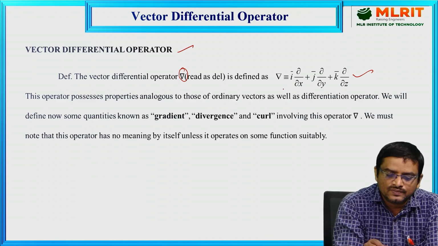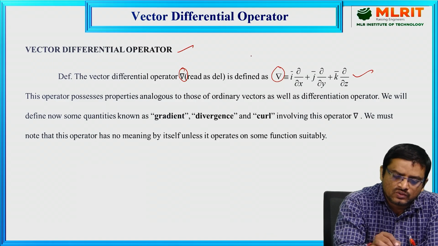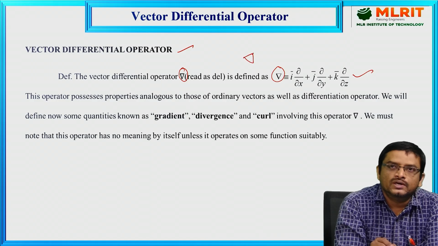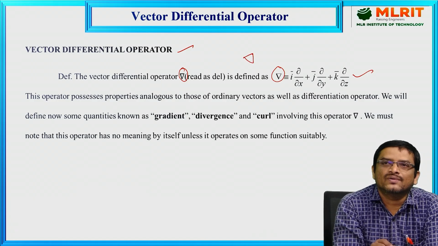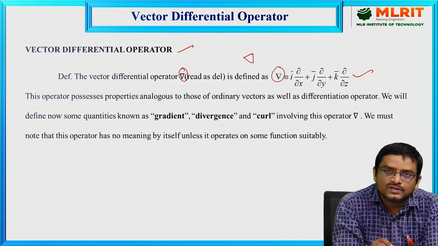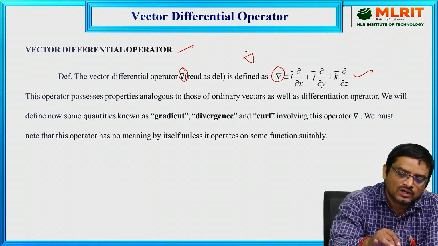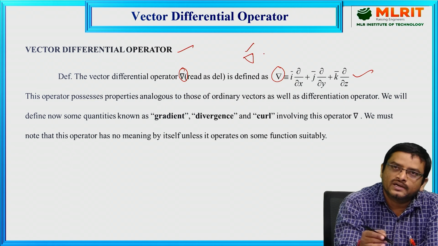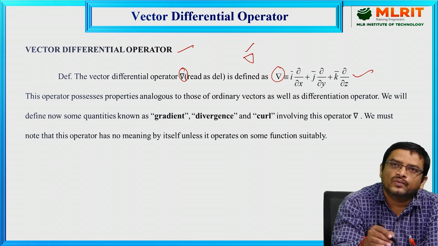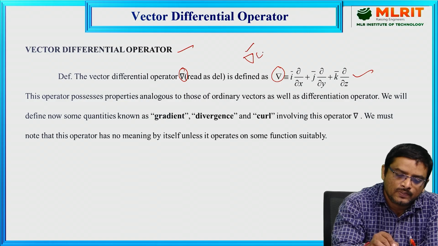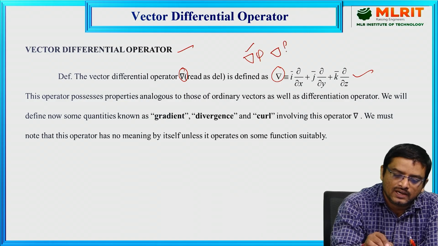If you observe this del operator, only with this operator del, it does not have any meaning here. If you want to get some meaning for this del operator, you have to operate it either on a scalar point function or a vector point function, either φ or f bar.